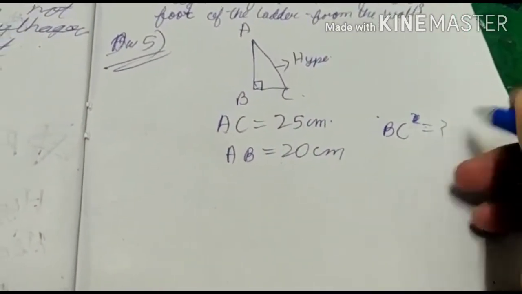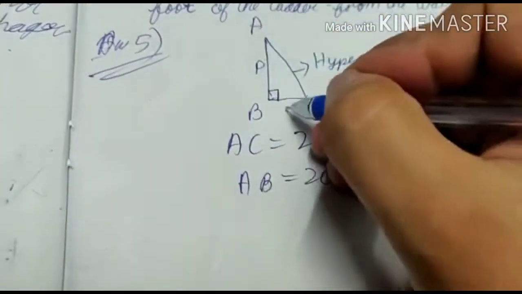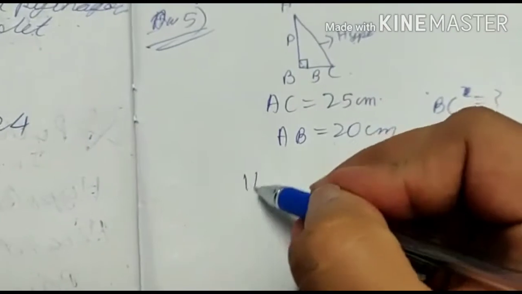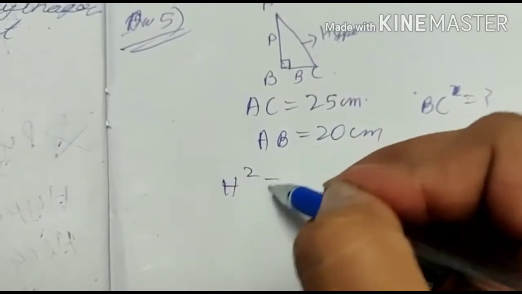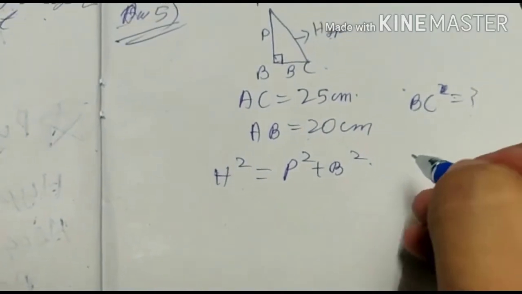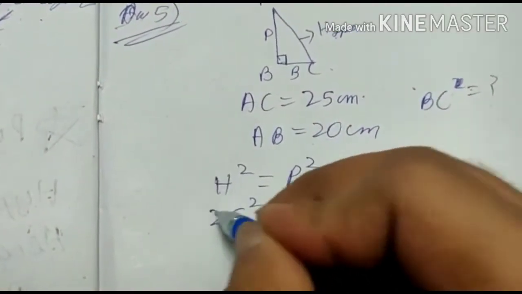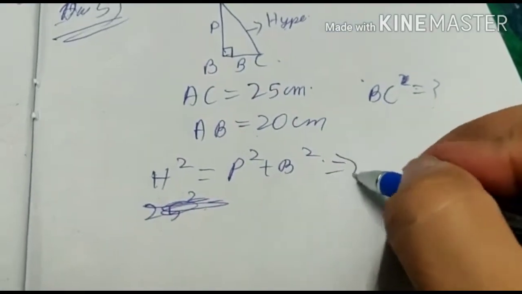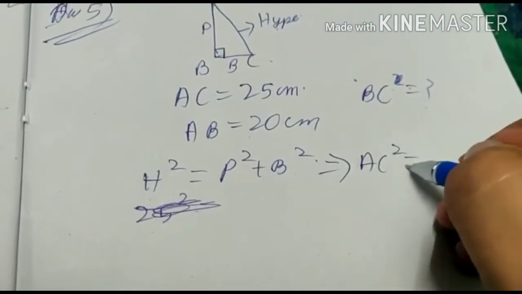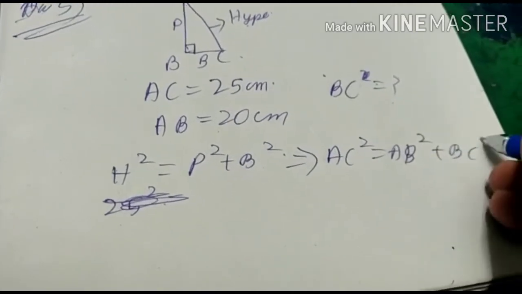Okay. So always the longest is hypotenuse. This is base and this is perpendicular. So hypotenuse square equals to perpendicular square plus base square. Okay. So hypotenuse is 25 square. So this is AC square equals to AB square plus BC square.